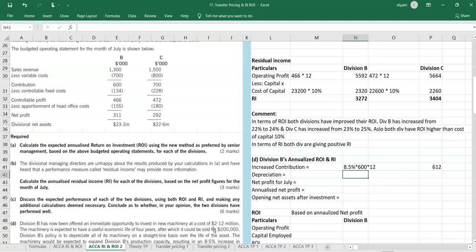So what is the depreciation? They say that the cost of the new machinery is 2.1 million.